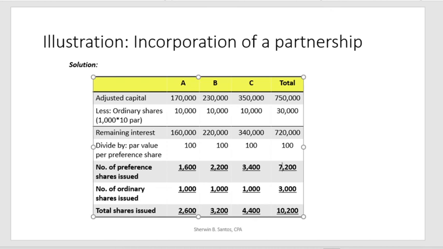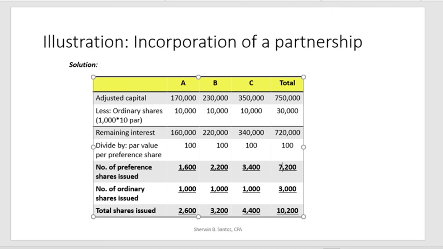So, for easy illustrations, para hindi masyadong maraming partners, we illustrate at 3. Kumbaga, tatlo lang muna ang nag-incorporate ng partnership. But on actual practice, it should not be less than 5 but not more than 15. So, gusto ko lang i-emphasize yon for clarity.